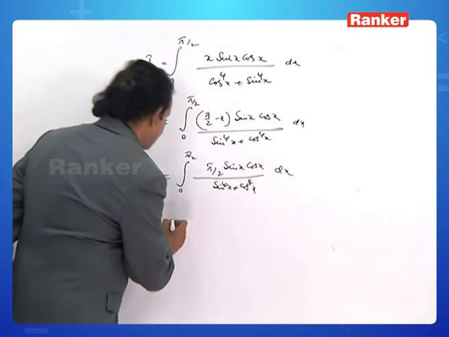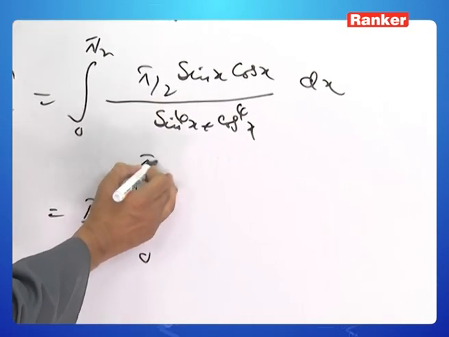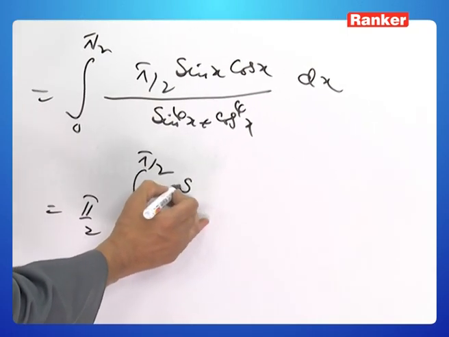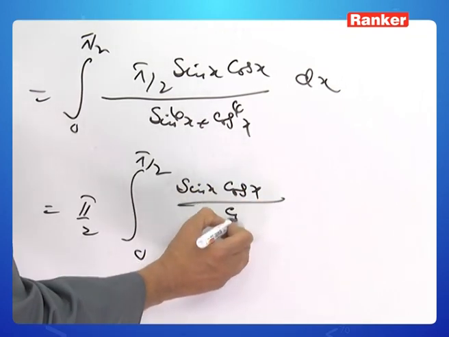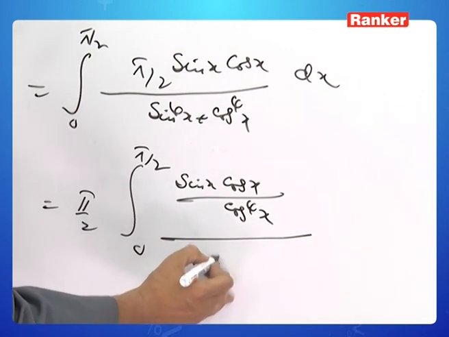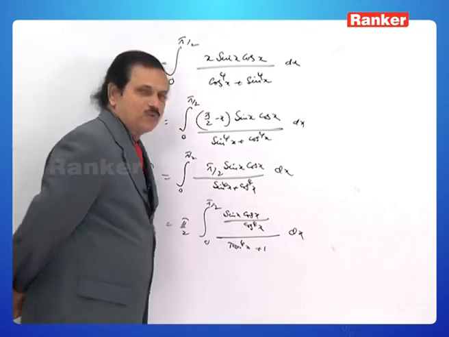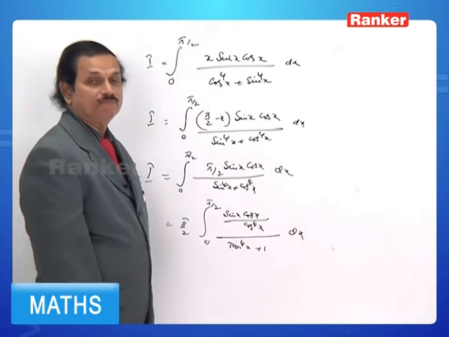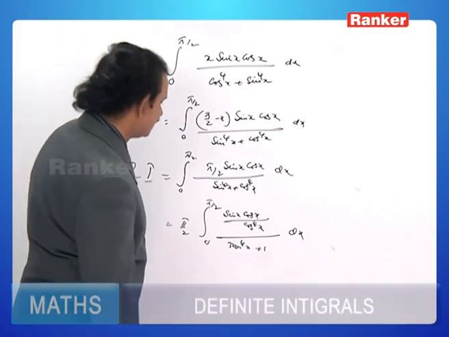This is therefore equal to pi by 2 into integral 0 to pi by 2 sin x cos x by cos power 4x by tan power 4x plus 1 dx. I think you could have noted what I could have done. I have divided with cos power 4x. What happens?